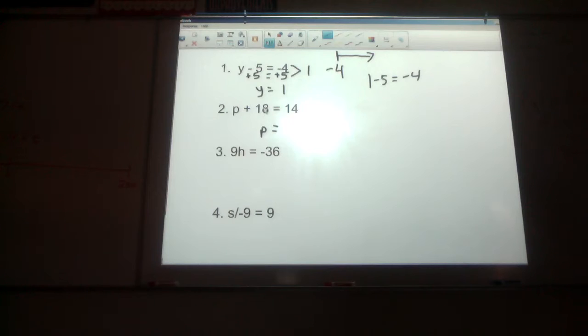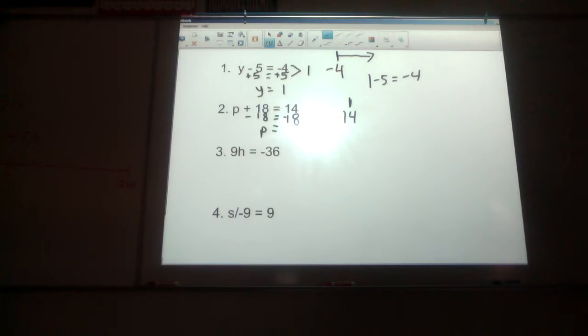I'm going to do the opposite of adding 18, so that's subtract 18. And because this is an equation, whatever we do to one side, we have to do to the other. I'm going to subtract 18 on this side. And then I look at these two and I say, all right, I'm starting at 14. And what happens when I subtract a positive number?